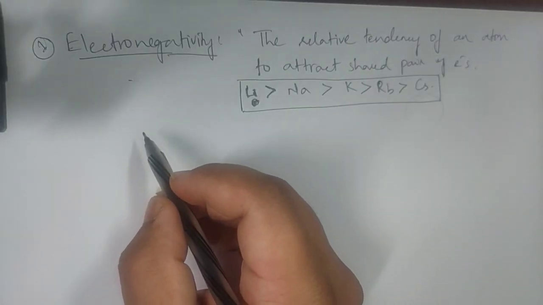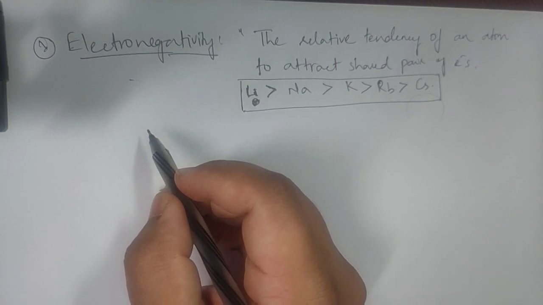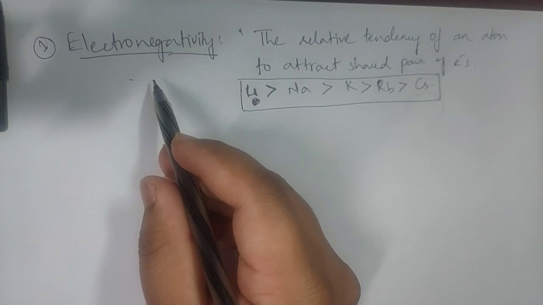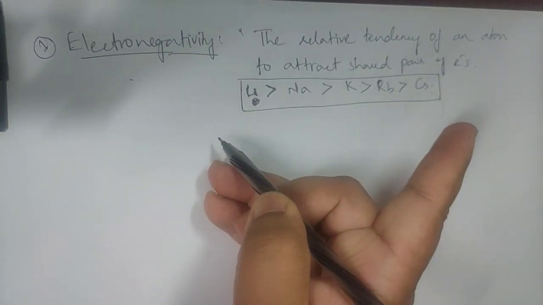So in cesium's case, being bigger in size, the attractive force is lesser, so electronegativity is greatest for lithium and least for cesium.